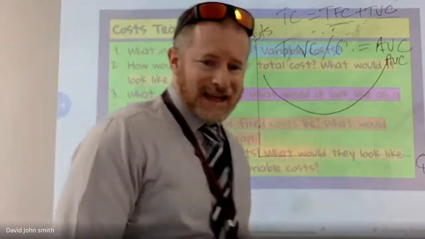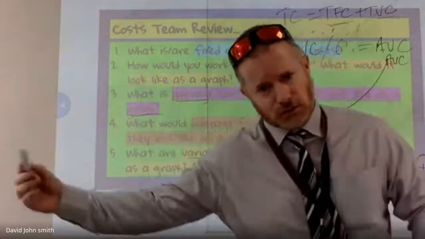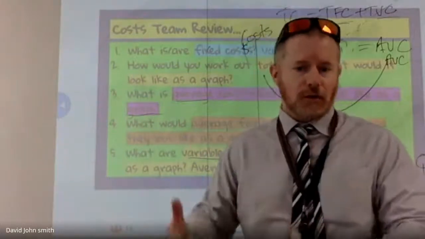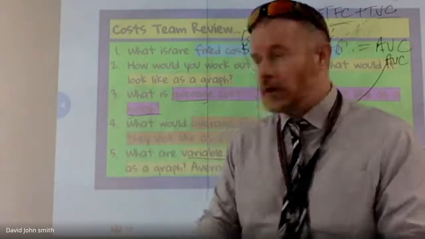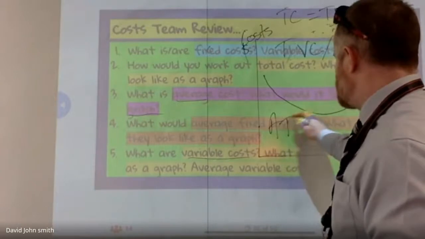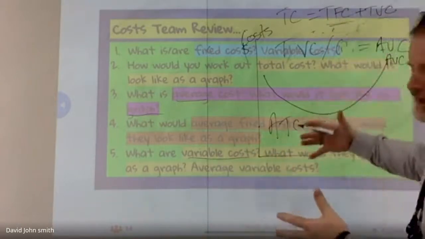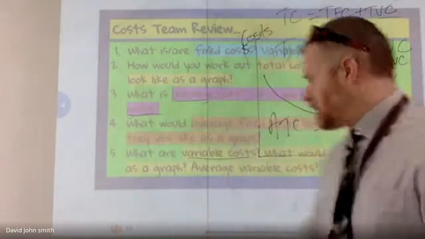Now, it's not the same because this is average variable cost as opposed to average of the total costs. Remember, the total cost is also going to include that small part which is fixed. This is just maths.